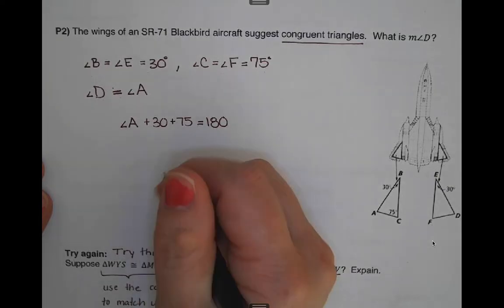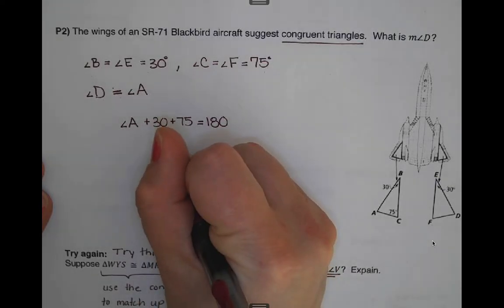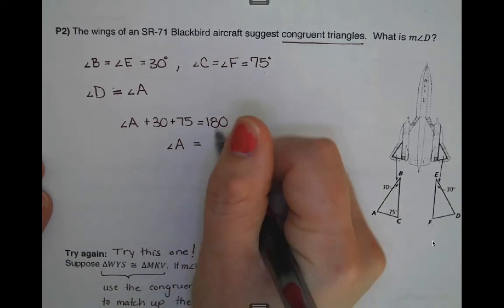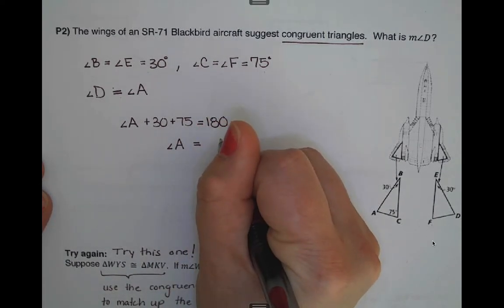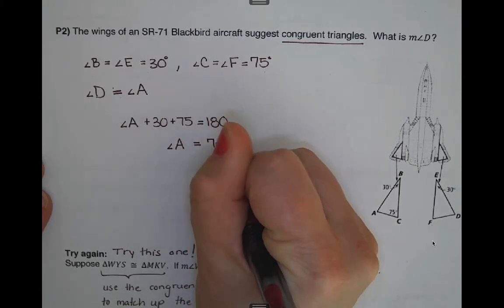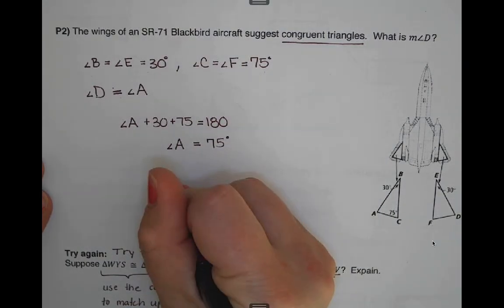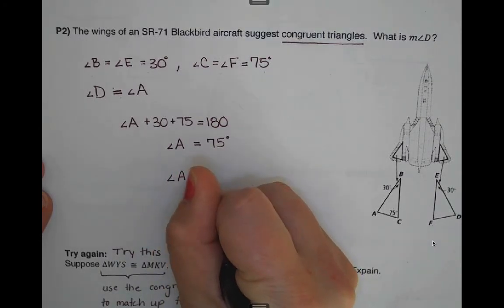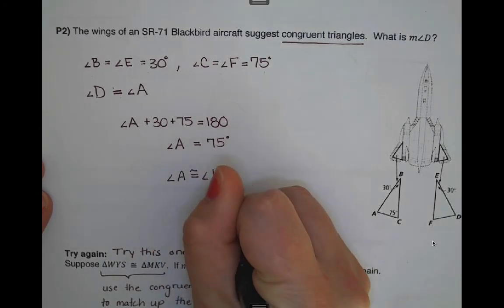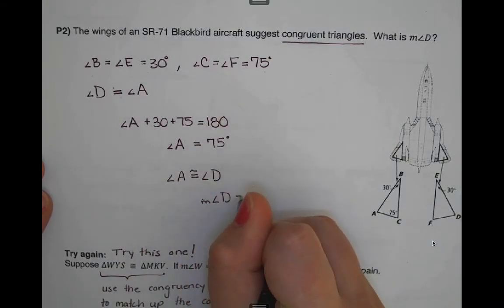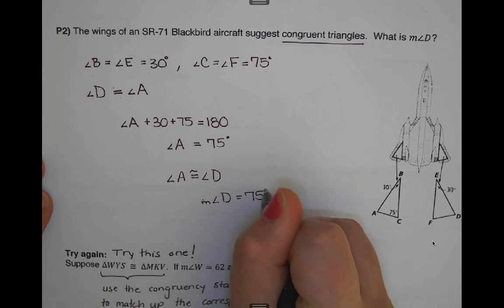And in finding the value of angle A, I can subtract both of these from 180, right? And I end up with 75. Being that A is 75, and we know that angle A is congruent to angle D, that would also mean that the measure of angle D is equal to 75 degrees.